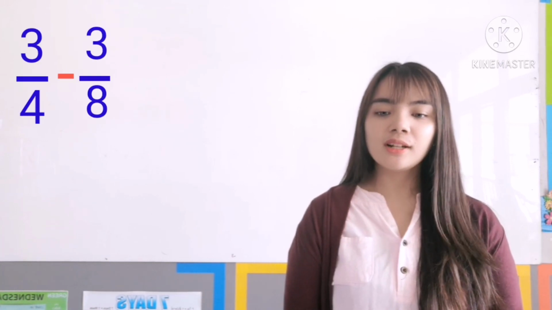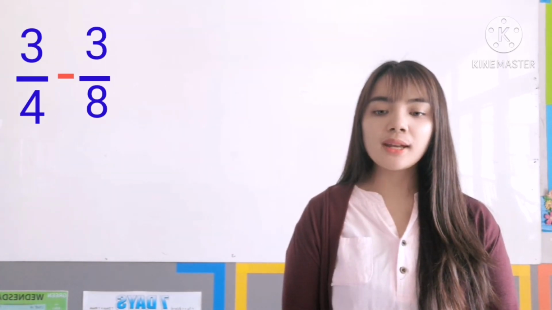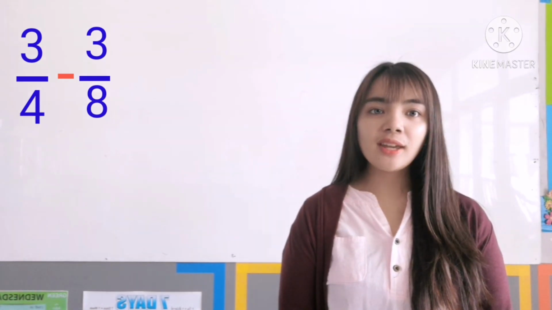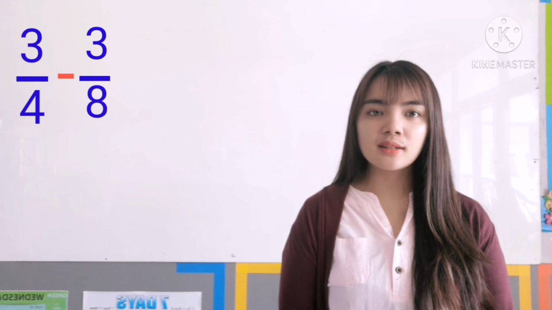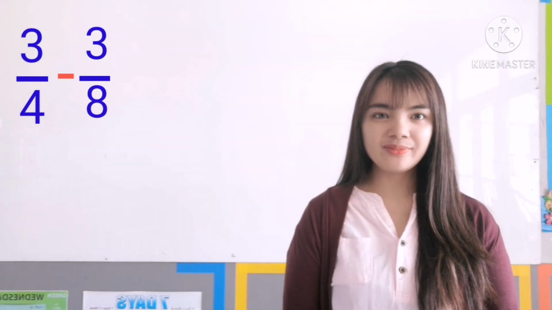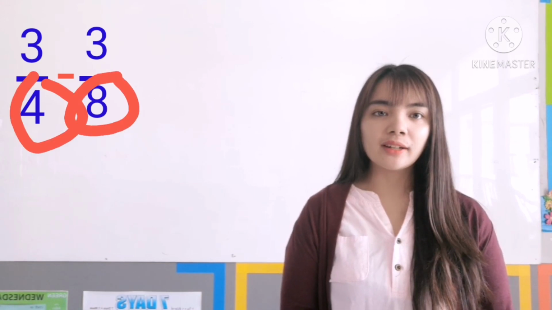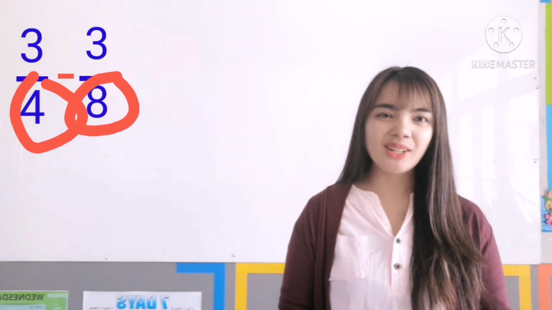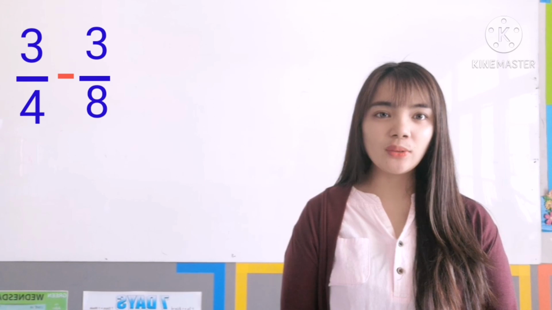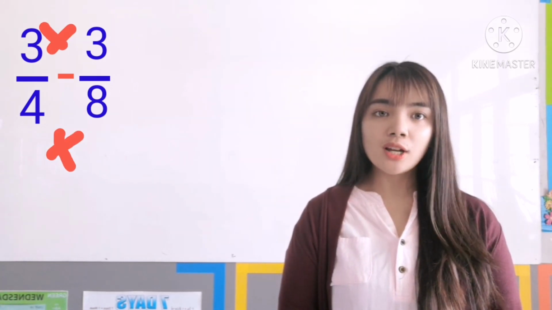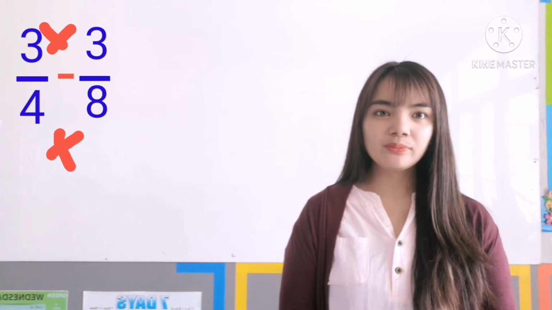Last, we have 3/4 minus 3/8. Since our denominators aren't the same, what are we going to do? We need to find a number that we can multiply by 4 to make it 8.